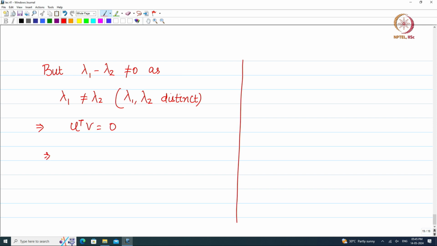What do we mean by that? u is the eigenvector corresponding to lambda 1 and V is the eigenvector corresponding to the eigenvalue lambda 2.